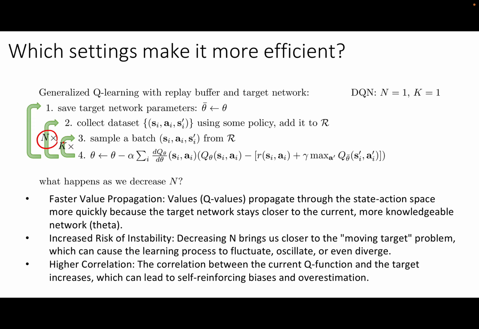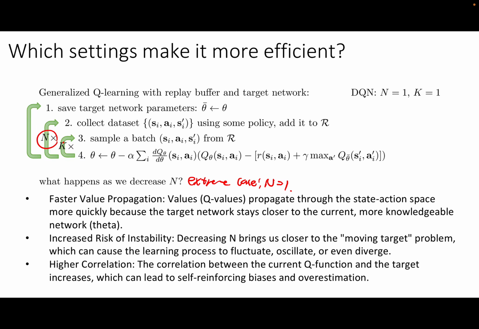In the extreme case of N equals 1, theta bar is always the same as theta. Then theta bar always has updated knowledge, so the learned value from our Q theta is easily included in our target network, Q theta bar.